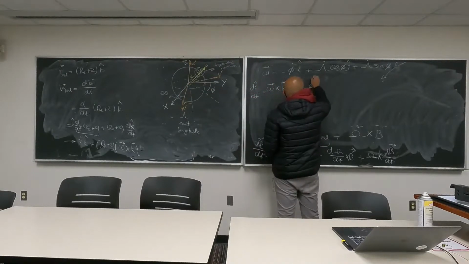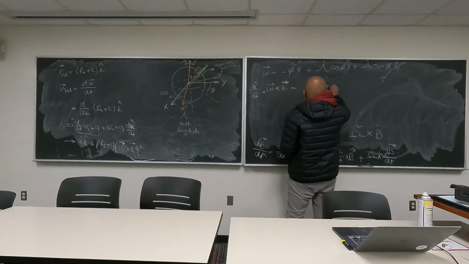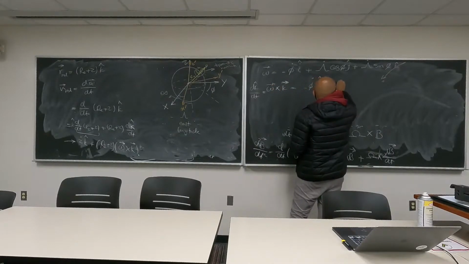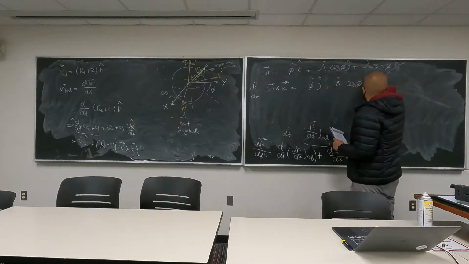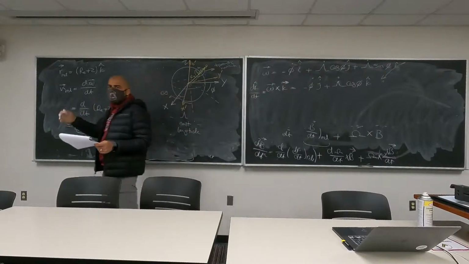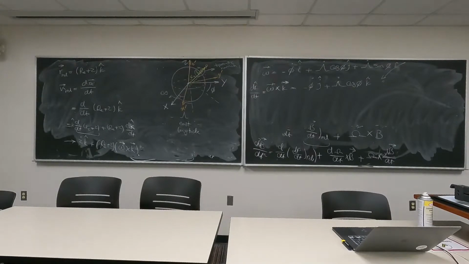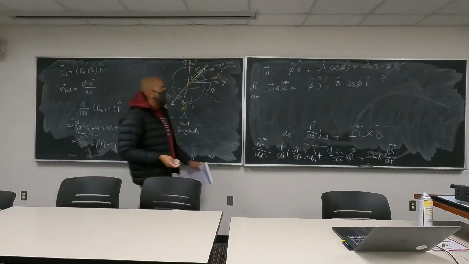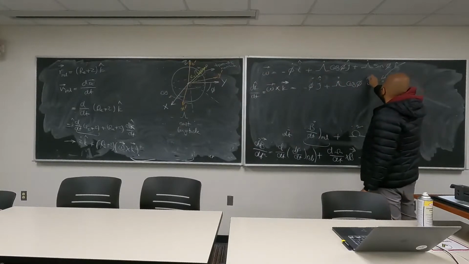Negative phi dot j, right? And then you're going to get, for this one, you're going to get cosine of phi k, right? That's the idea. I cross k is j, and so on and so forth. K cross k is 0. Now you said J cross K is K. That's I. I'm sorry. You're right.